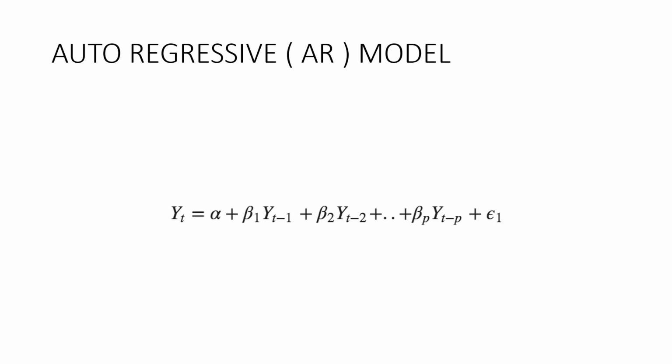Now, what are AR and MA models? What is the actual mathematical formula for the AR and MA models? A pure autoregressive model is one where Yt depends only on its own lags. That is, Yt is a function of the lags of Yt. That means it is given by the equation given here, where Yt minus 1 is the lag 1 of the series.